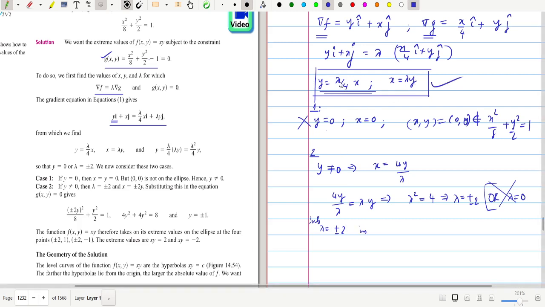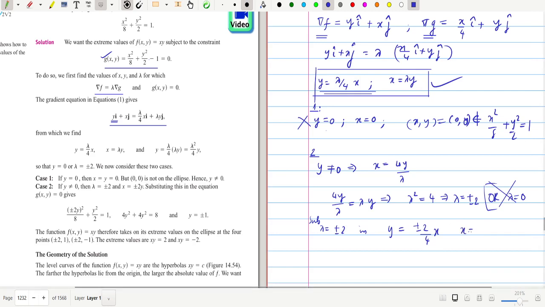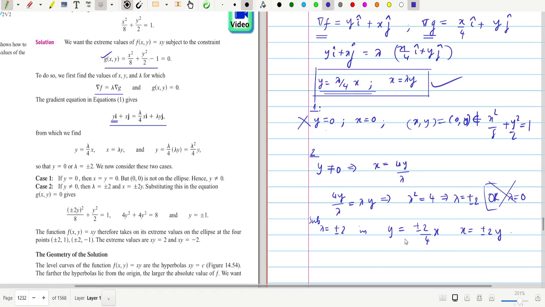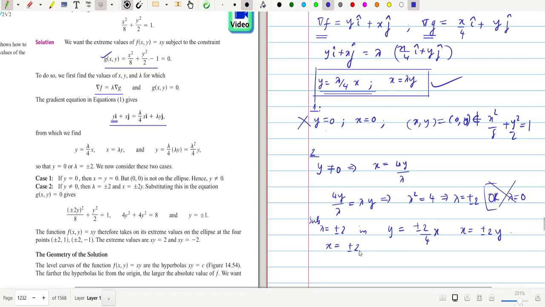Then y is equal to plus or minus 2 by 4 times x, and x equal to plus or minus 2 times y. From both of these equations you can get x equal to plus or minus 2y. So this is the value of x.